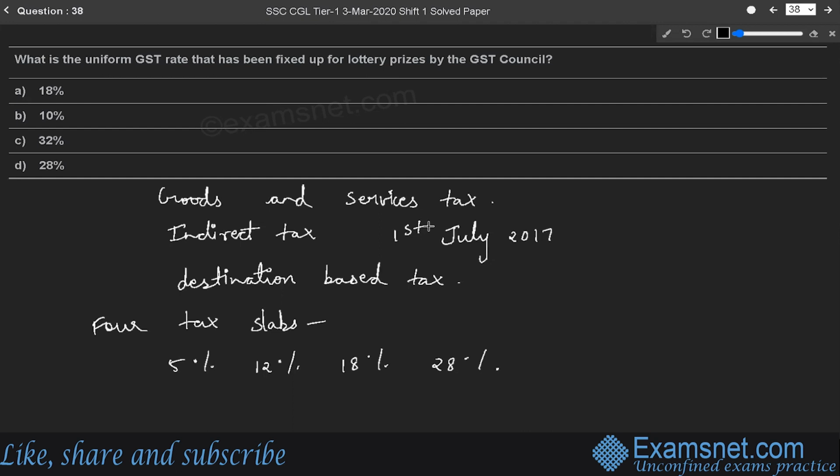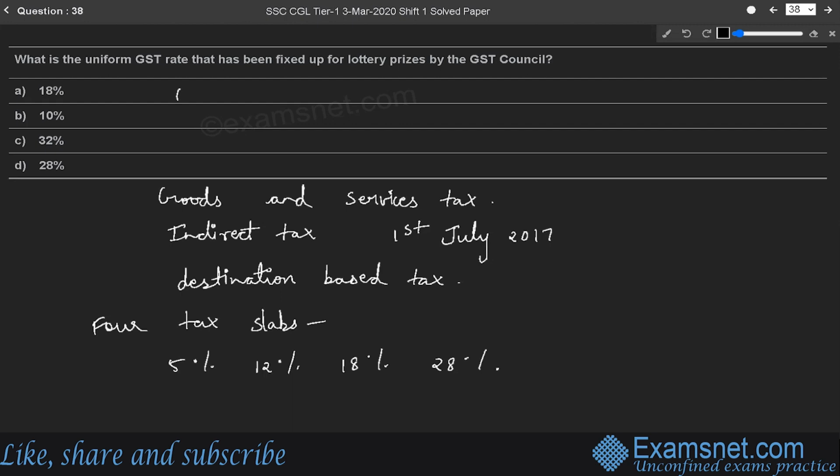And as we know, the GST Council is responsible for increasing and decreasing many tax slabs and transferring subjects from one slab to another. So as for this question, we have to find what is the uniform GST rate that has been fixed for lottery prizes by the GST Council.